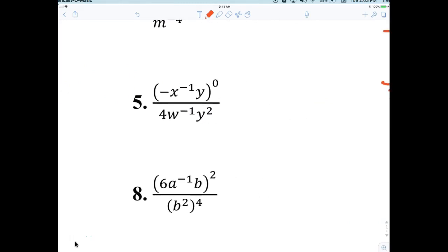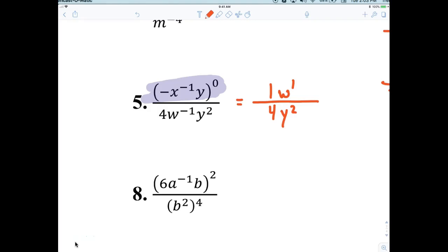We already said anything to the 0 power is this. Some of you guys are not listening. Anything to the 0 power is 1. So now let's see this: 1, w to the first over 4y squared. Look. That whole quantity is to the 0, correct?